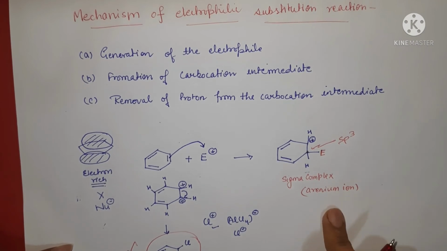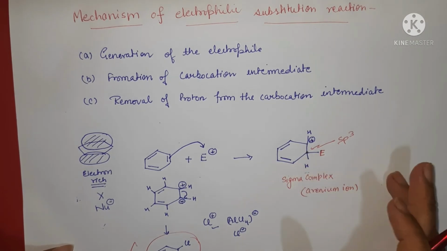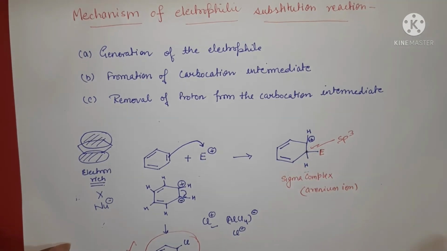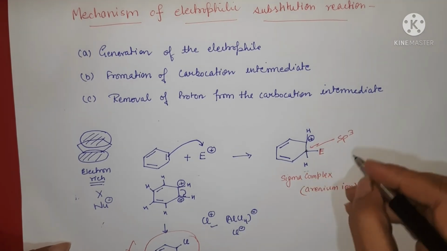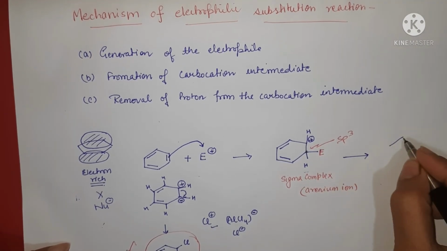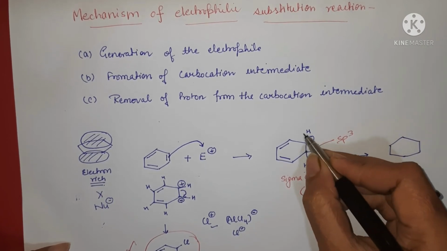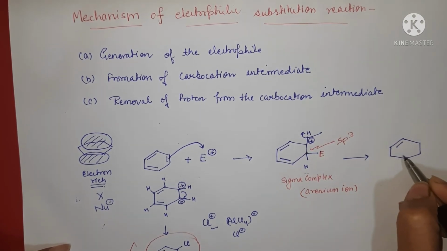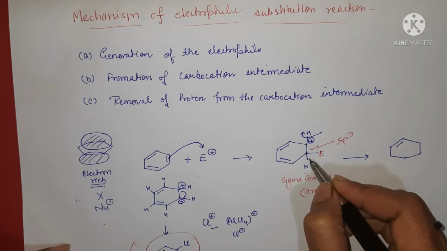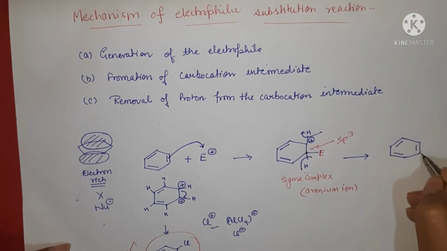We get this complex, and then with the loss of proton, this complex regains its aromaticity. In the next step there is a removal of proton from here, and we get a double bond here with the electrophile attached here.